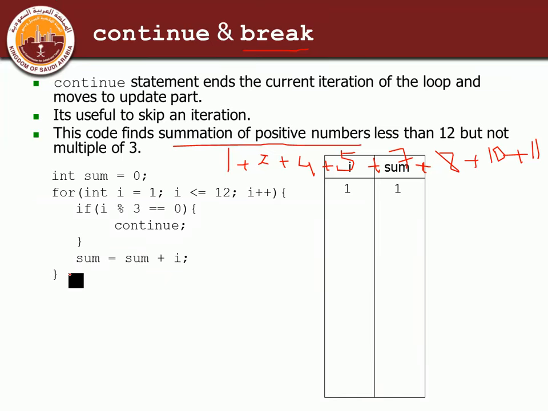The next thing, i becomes 2. Is 2 less than 12? Yes. Is 2 mod 3 equal to 0? No. Actually, you should not hesitate. If a number is less than the second number, the result of the mod is always the number itself. If we have 2 mod 5, the result is 2. 2 mod 3, the result is 2. 2 mod 50 is 2.